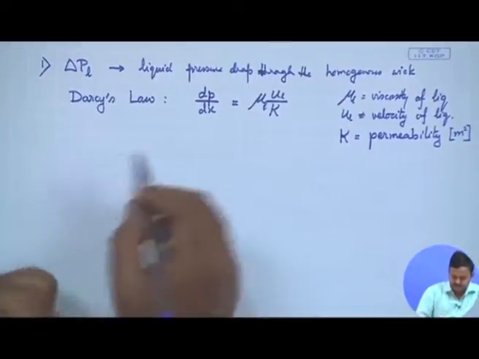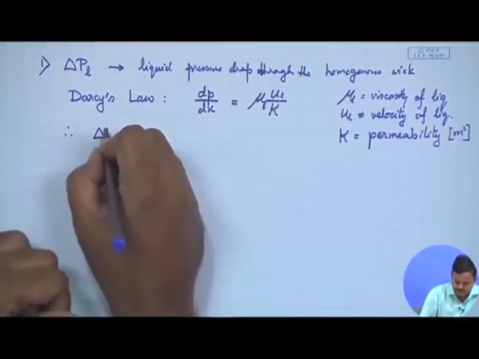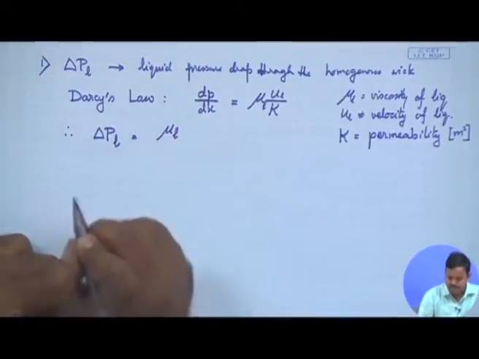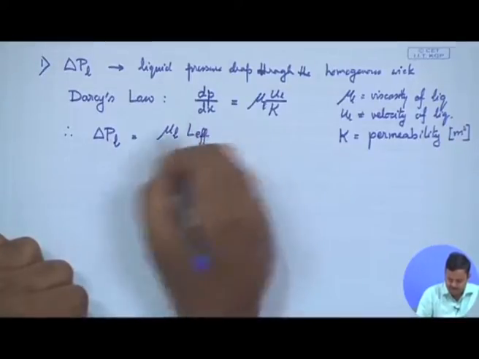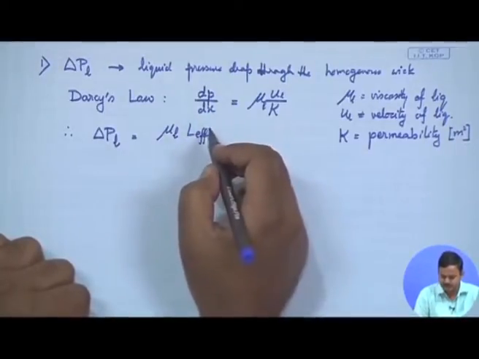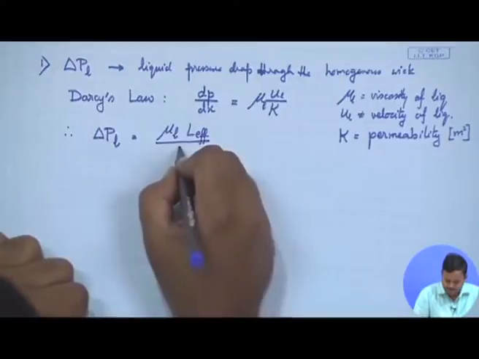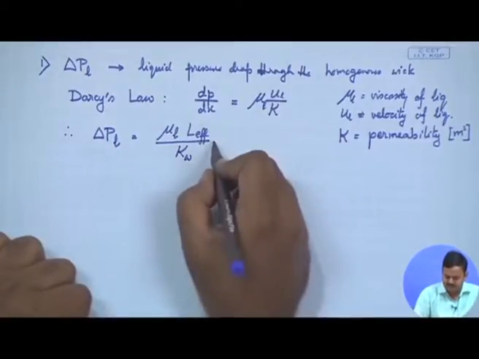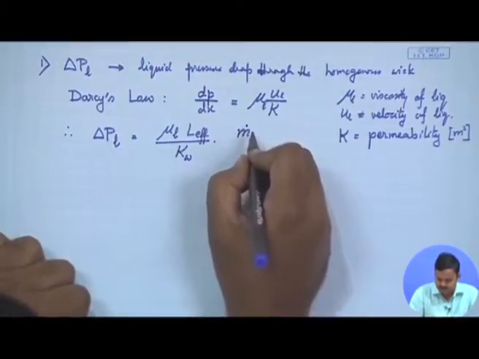So, if we use it here, then delta P L for our heat pipe can be written as mu L times L effective, because this is delta P and we have integrated over that length, divided by the permeability of the wick, which I am writing as Kw, and then what is left is the velocity, which I am going to write in terms of mass flow rate, m dot.